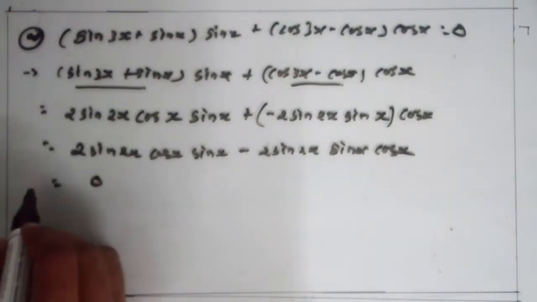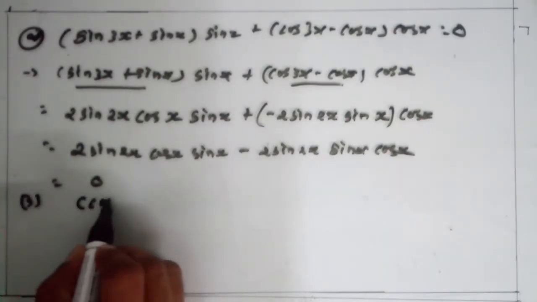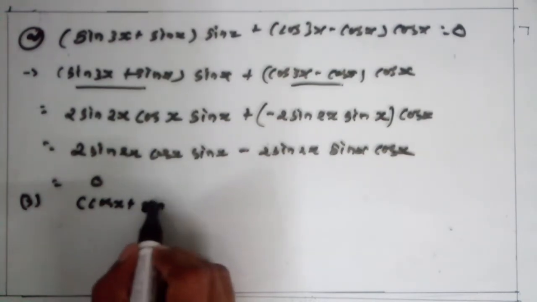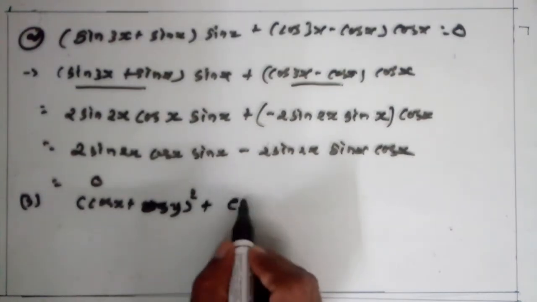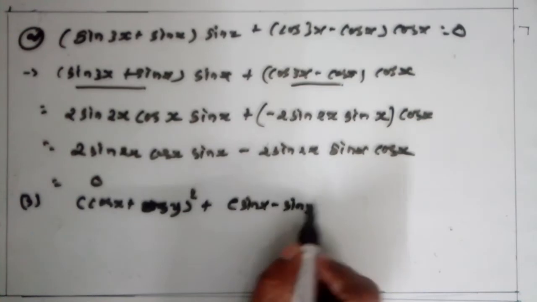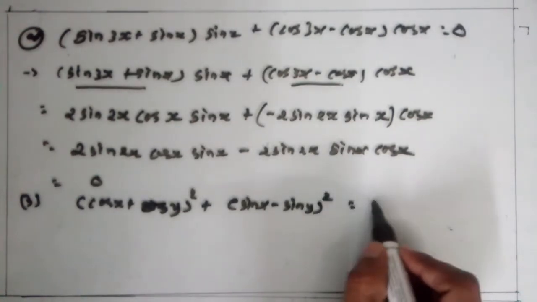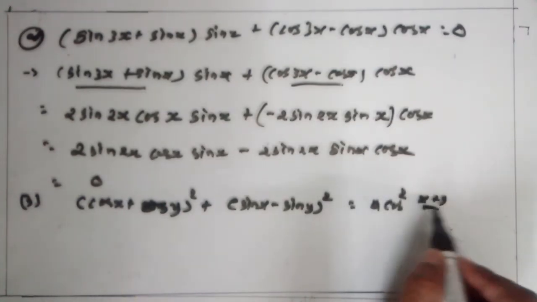Now question number 3: prove that (cos x + cos y)² + (sin x − sin y)² is equal to 4 cos²((x+y)/2).